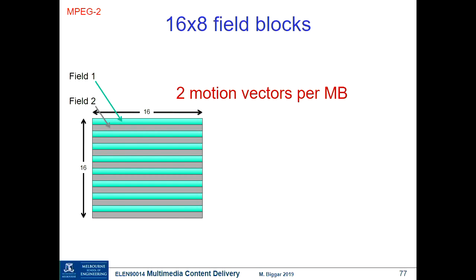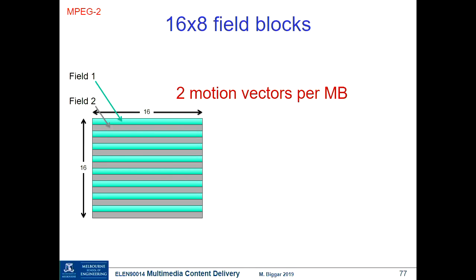So the idea would be that where in a normal progressive scanned frame, we would have a 16 by 16 macro block, and we would just perform motion compensation on that macro block, and the prediction error would be sent to the DCT just as 4 blocks of DCT, right?